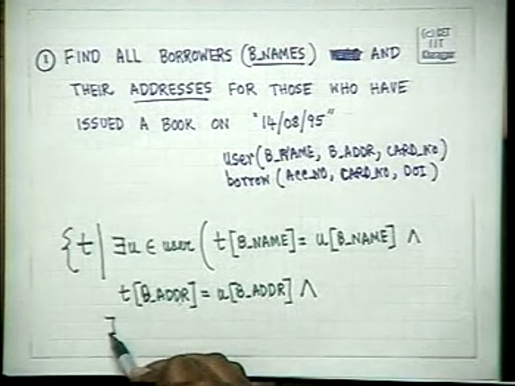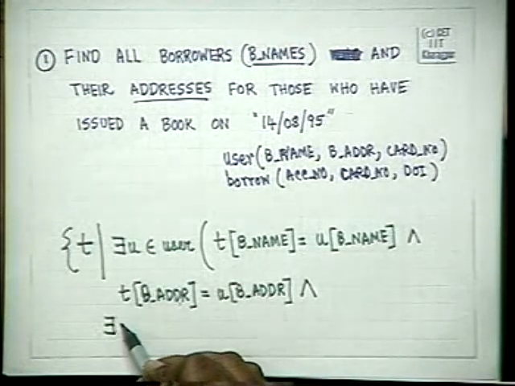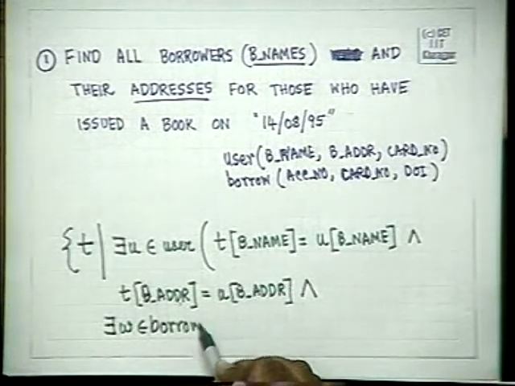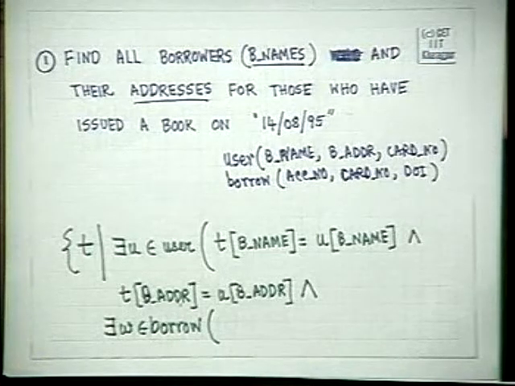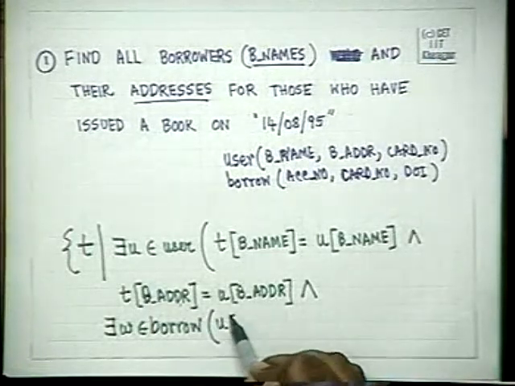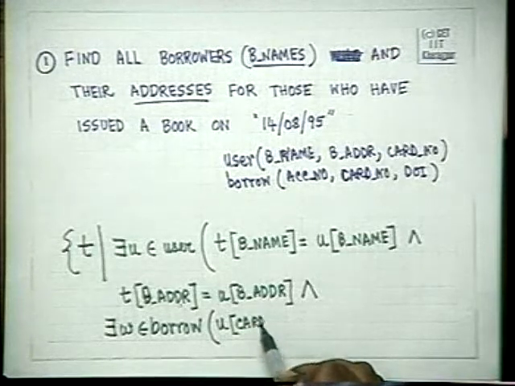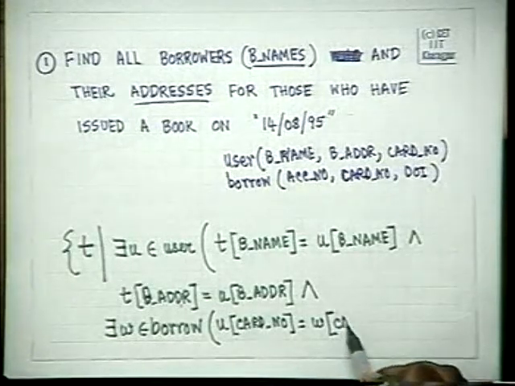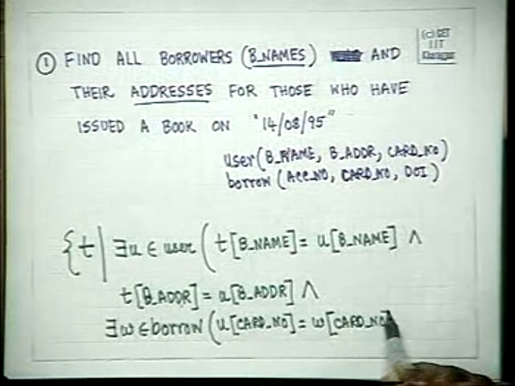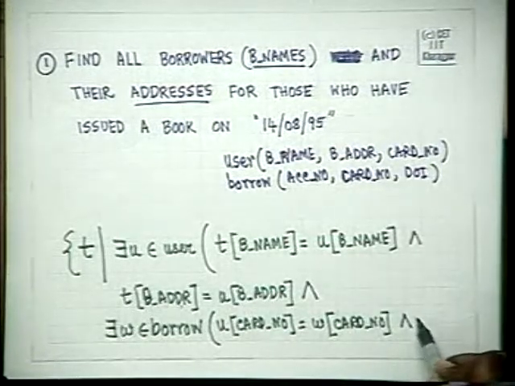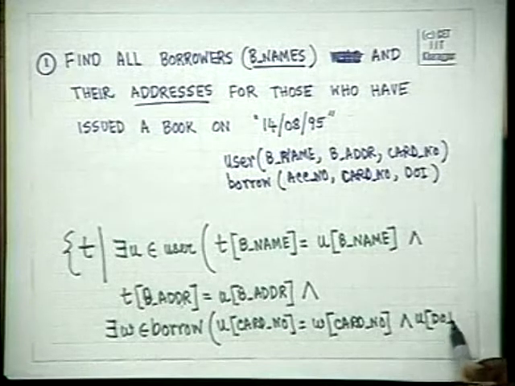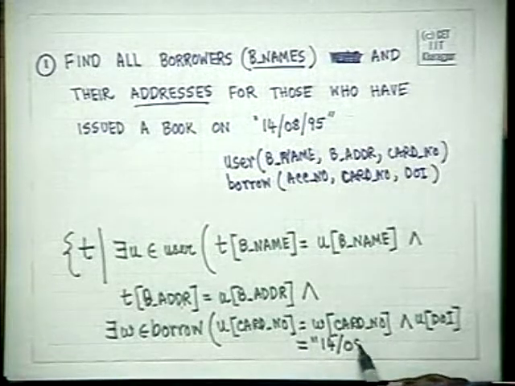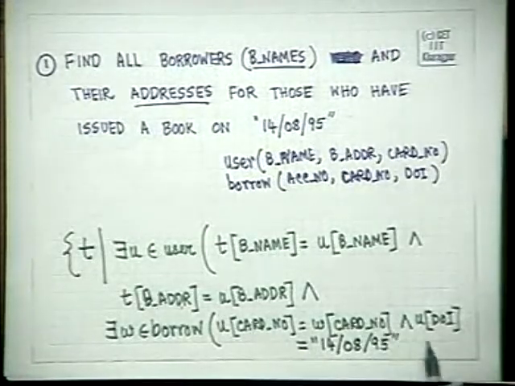And there must exist another tuple W element of borrow such that U card number is equal to W card number and W date of issue is equal to 14/8/95.